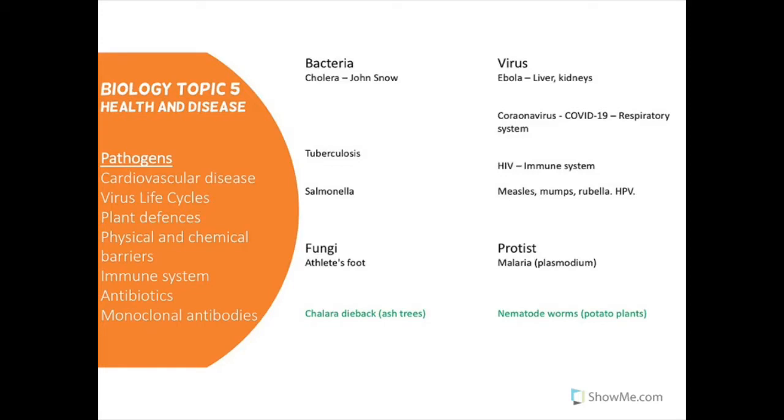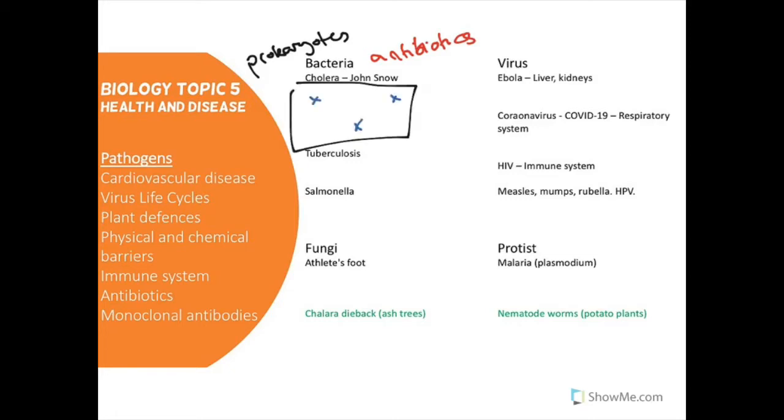Okay, so bacteria. Bacteria are prokaryotes that don't have a nucleus, and they are killed by antibiotics. The first bacterial infection that was discovered was by an Englishman called John Snow. In the 1800s people didn't have running water in their houses.